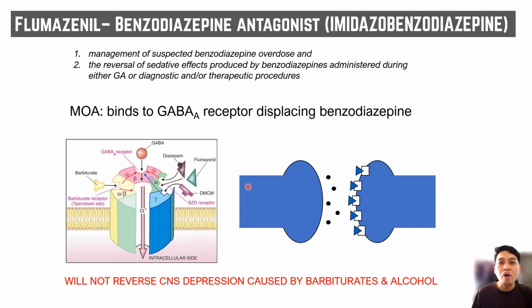So this is how FLUMAZENIL works as an antidote in treating benzodiazepine overdose. You need to know that FLUMAZENIL is only available in vial form, which can be administered intravenously. It shows clinical effect within 30 to 60 minutes before being eliminated almost entirely by hepatic metabolism to inactive products.